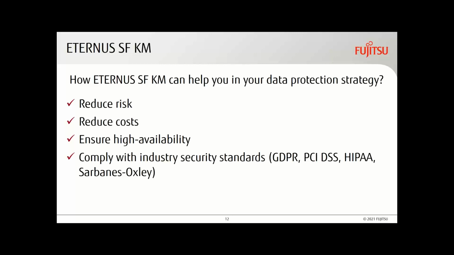You encrypt the data and you lock it with a special authentication key. In this case, authentication keys, which are required to unlock encrypted resources, are generated, stored, and delivered from the central key management software, which in our scenario is ESF KM.